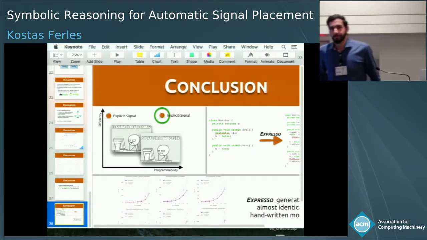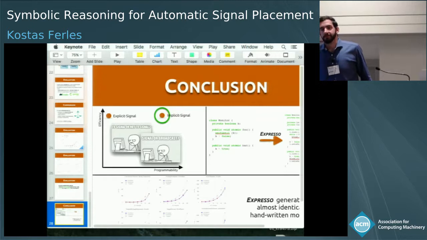I had one more question, about your evaluation. Did I understand rightly that you started with explicit signal code and then converted it into implicit signal, and then you saw whether your tool could get back to pretty good explicit signal code?